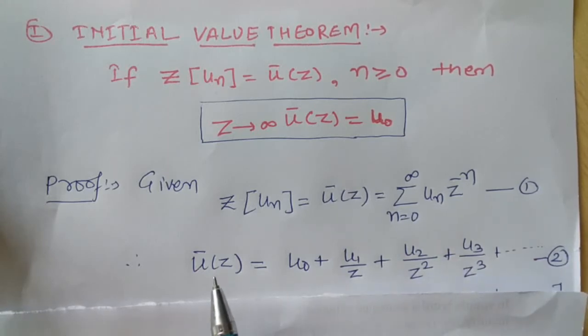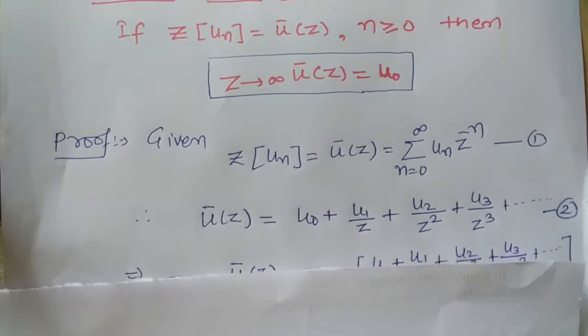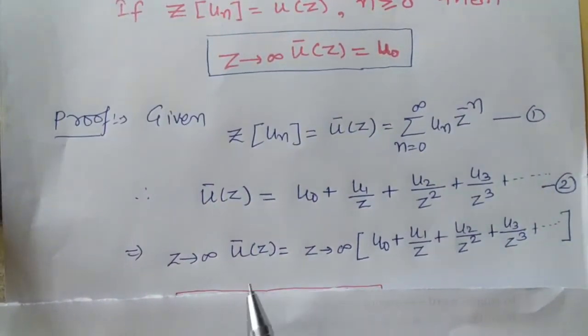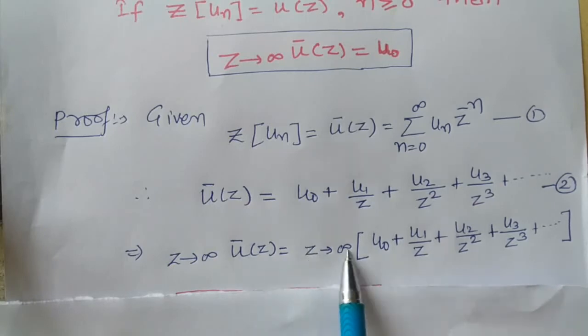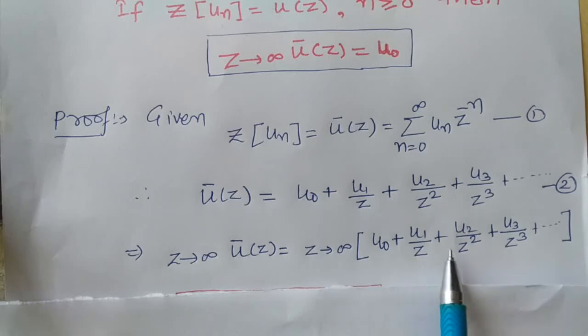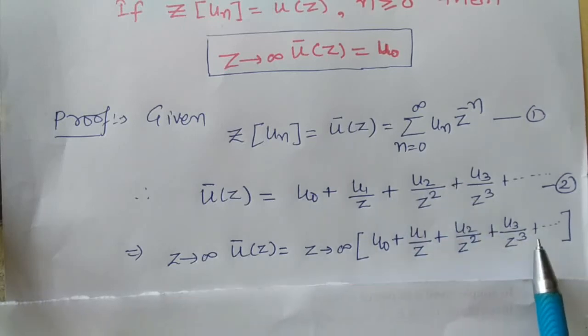Now we take limit z tending to infinity, then we get limit z tends to infinity u bar z is equal to limit z tending to infinity of u0 plus u1 by z plus u2 by z square plus u3 by z cube and so on.